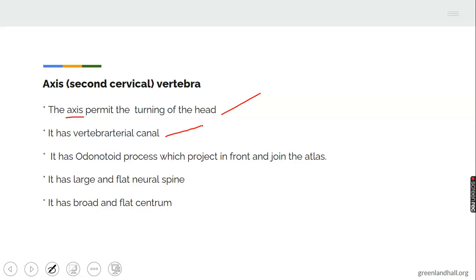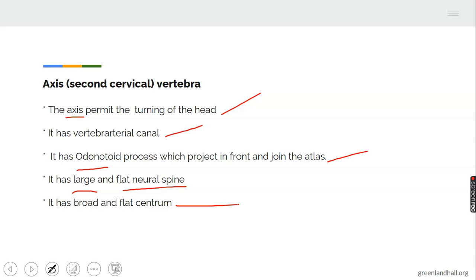It has an odontoid process that projects inward and outward into the atlas. It connects into the atlas. It has a large and flat neural spine. It has a broad and flat centrum, that is a thick part of it that connects the other bone.